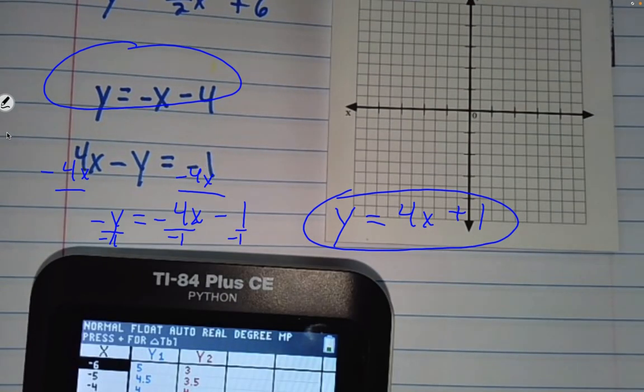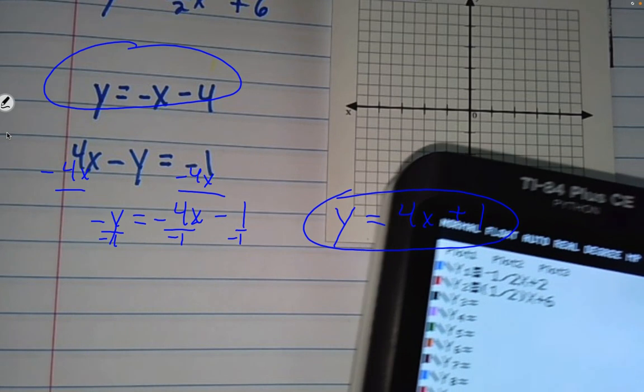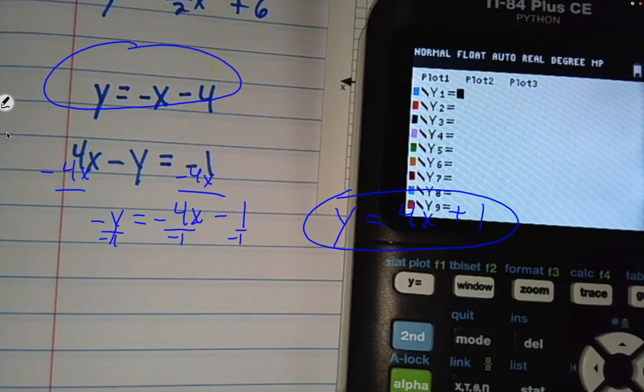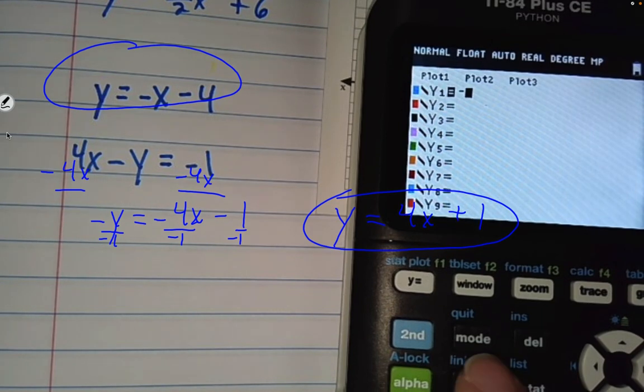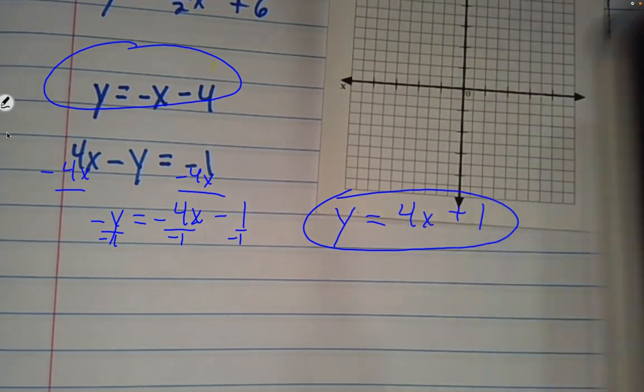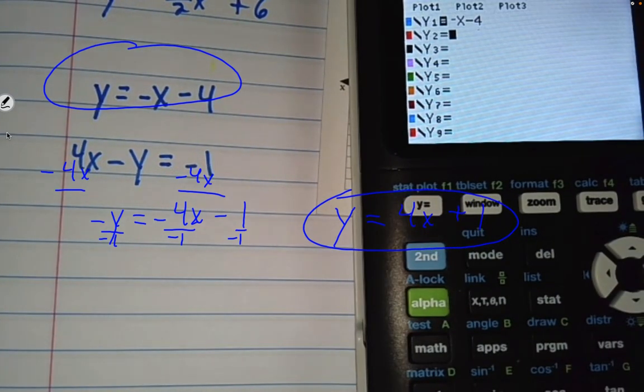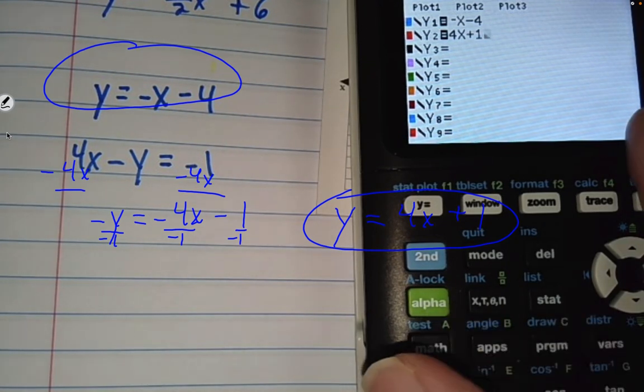I'm going to go to y equals, and I will clear it out. And I'm going to type in negative x minus 4. And then what was the second one? I wrote right here, 4x plus 1. Then what do we press? Graph.